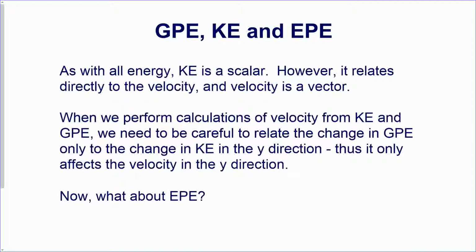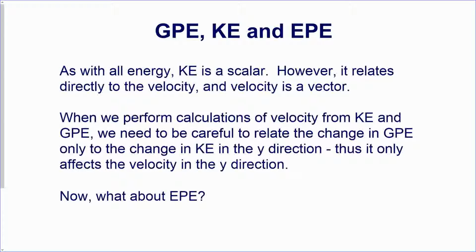When we perform calculations of velocity from kinetic energy and gravitational potential energy, we need to be careful to relate the change in gravitational potential energy only to the change in kinetic energy in that same direction. Thus, it only affects the velocity in the y direction. Okay, so be very careful. Kinetic energy in the x direction has no relationship to the gravitational potential energy.